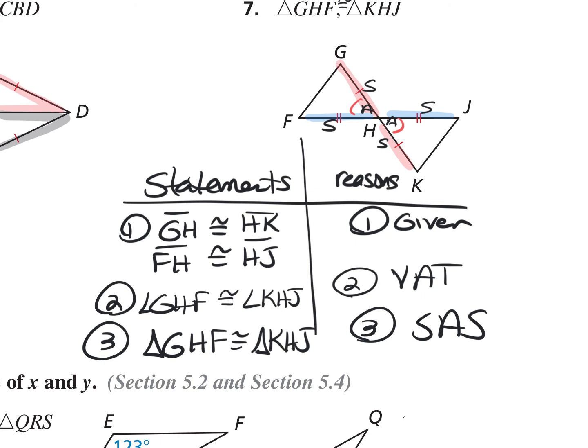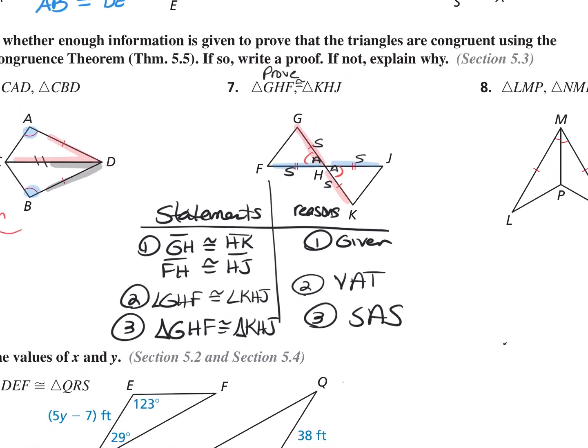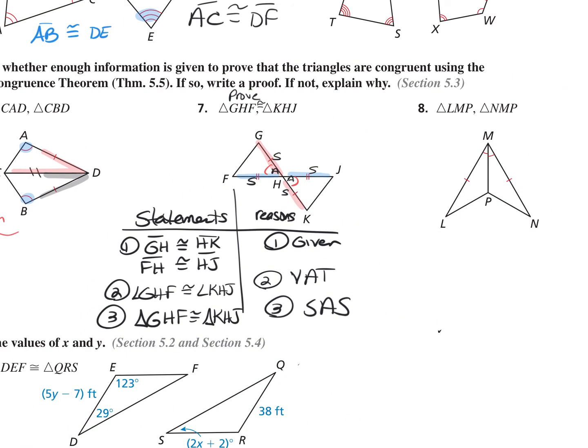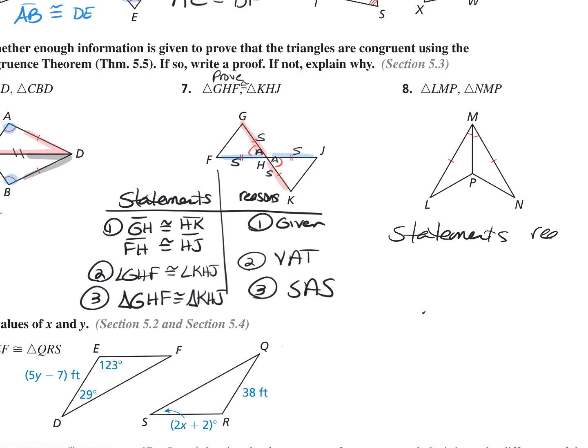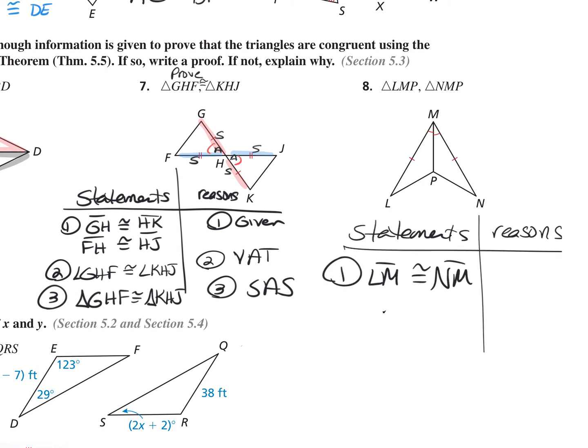Number 8, very similar. We can do it short and sweet, 3 steps. So for this one, statements and reasons. So again, let me state all the given. I have LM congruent to NM, which is right here.